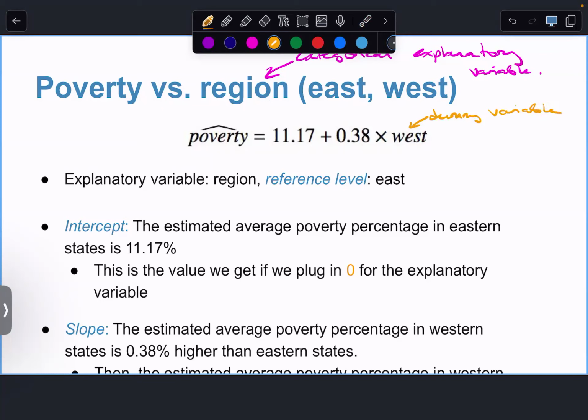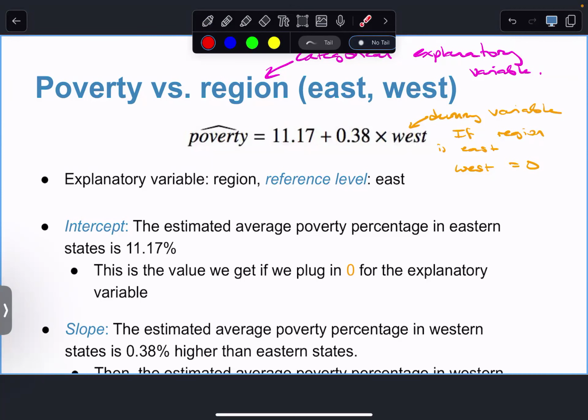And so if the region is east, then west is off. You let west be 0 because if it's east, it's not west, right? And so what would that look like? The predicted percentage in poverty in an east region is 11.17 plus 0.38 times 0. Easy enough, right? And so that's going to be the predicted percentage in poverty for an eastern region.